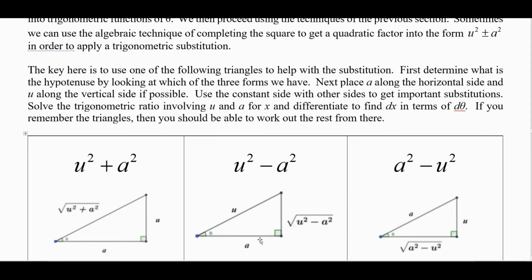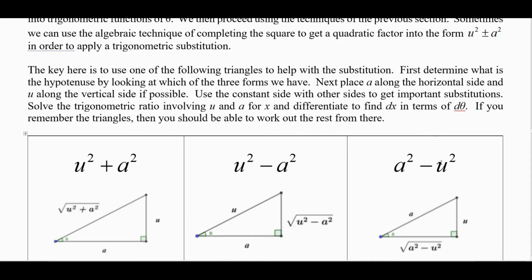So we put the a on the side adjacent to theta, and then the square root of u squared minus a squared is the other leg. Now check it out, the Pythagorean theorem still works. If you take a squared here, and then add to it the square of this, the square cancels the square root, so you've got a squared plus u squared minus a squared, which is u squared, the square of the hypotenuse. So the Pythagorean theorem works out correctly.